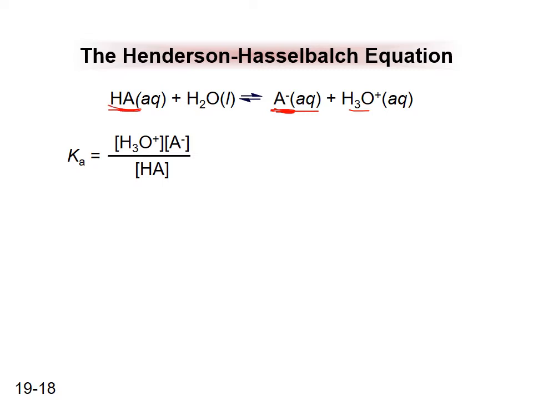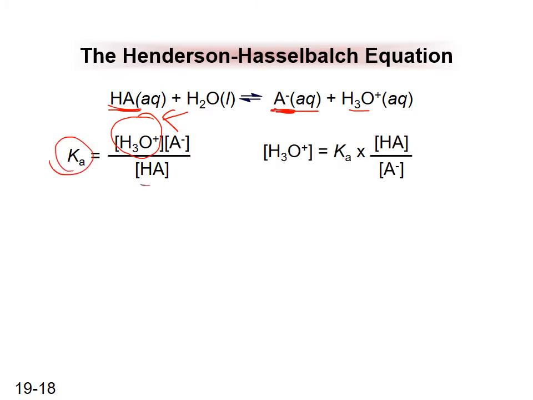In order to calculate the hydronium ion concentration, we modify this equation. So hydronium ion will be Ka multiplied by the acid and divided by the base. That's why this equation shows the hydronium ion concentration is proportional to the ratio of acid over base.